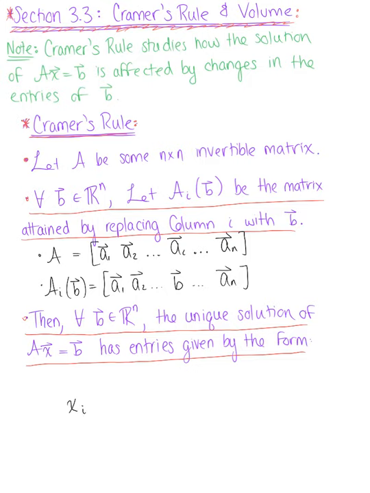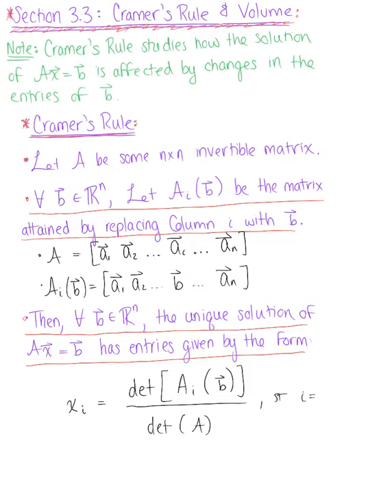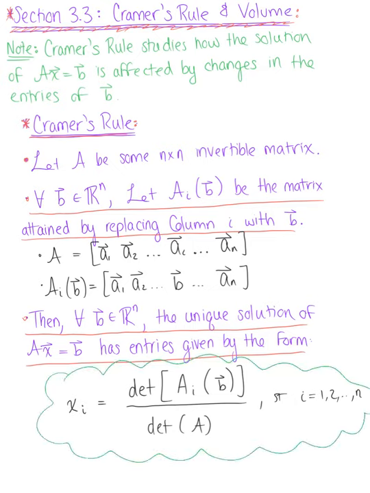Each entry x sub i is defined by the ratio of the determinant of matrix A sub i of vector b all over the determinant of matrix A, where i is an integer 1 all the way up to n. So this formula here is Cramer's rule to determine the entries of the solution.